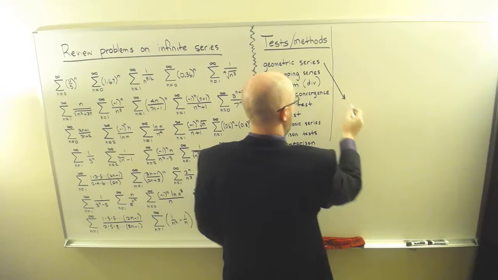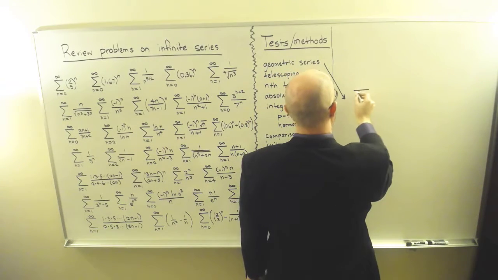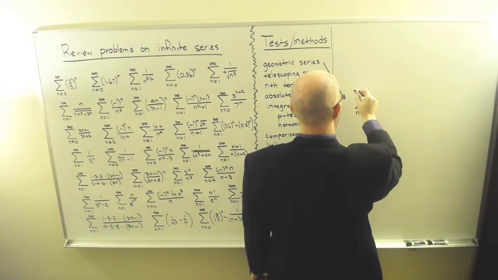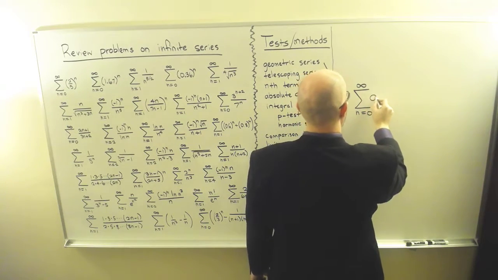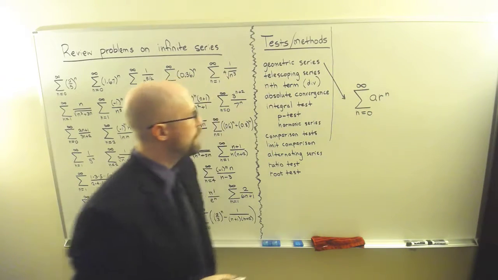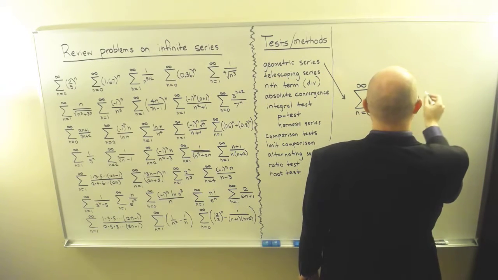So if I bring this down here, what the geometric series formula says is if I have a sum that's of this form, and here we're going from n equals 0 to infinity, and we have a first term a, and then we have a common ratio r raised to the nth power, then one of 2 things could happen.